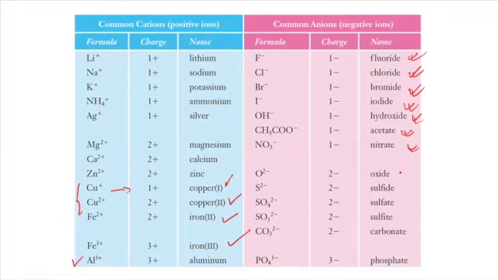Then we have O2 minus, which is oxide, S2 minus, sulfide, SO4 2 minus, sulfate, SO3 2 minus, sulfite, CO3 2 minus, carbonate, and then we have PO4 3 minus, which is phosphate.